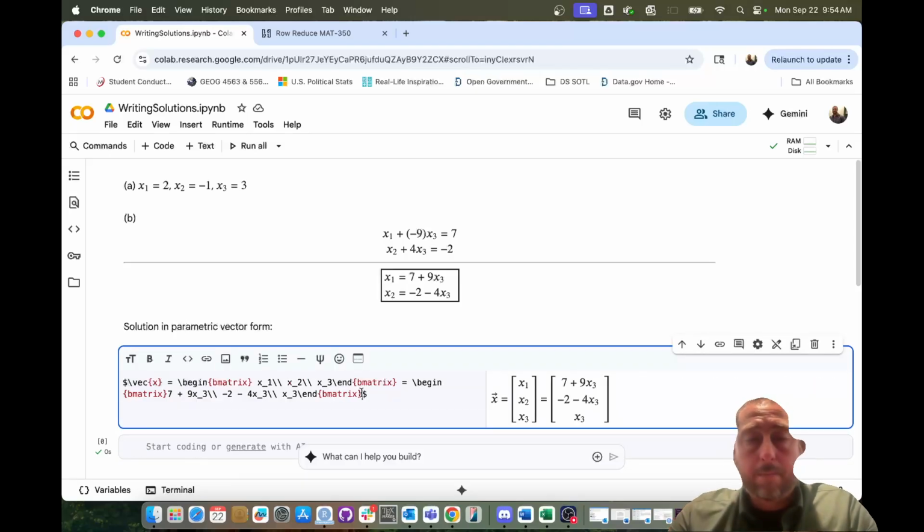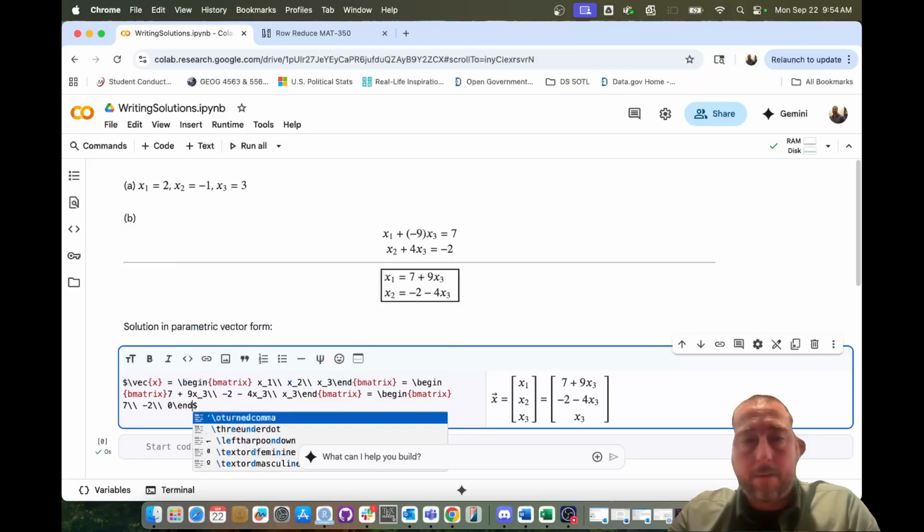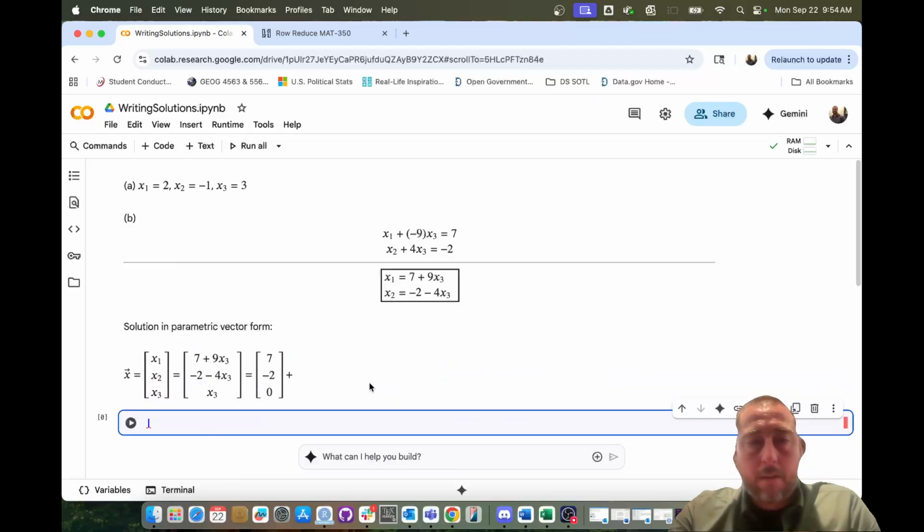And then again, we've got 0 in that third entry. And so this is going to be equal to the vector 7, negative 2, 0, plus the variable terms, the terms corresponding to our free variable.